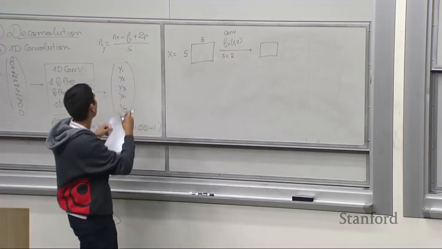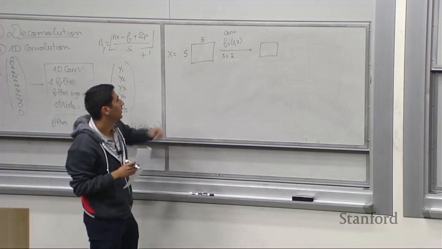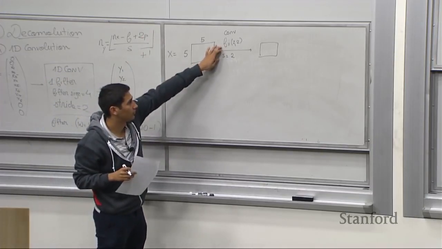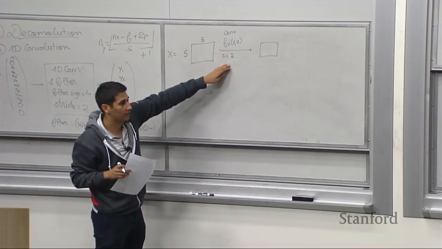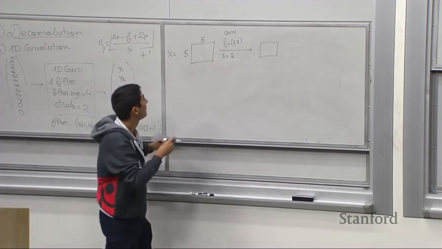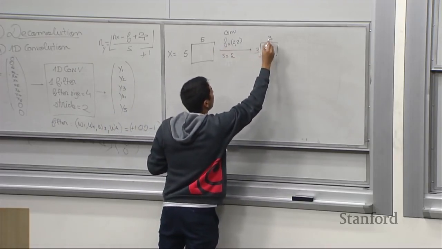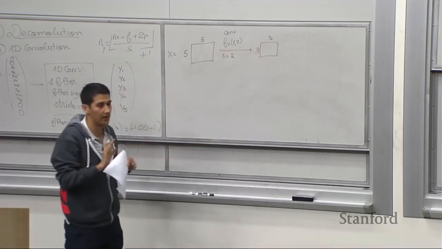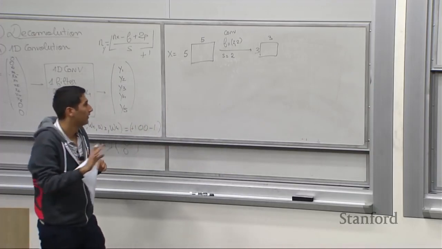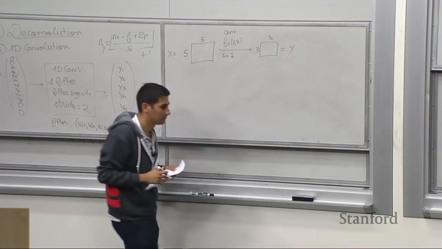Oh, I forgot the plus 1 actually here. Plus 1, and you floor it. So 5 minus 2 divided by 2 gives you 3 divided by 2 plus 1. No, actually, it will give you 3 by 3. Yeah, a y of 3 by 3. That's what you get, and you call it y.